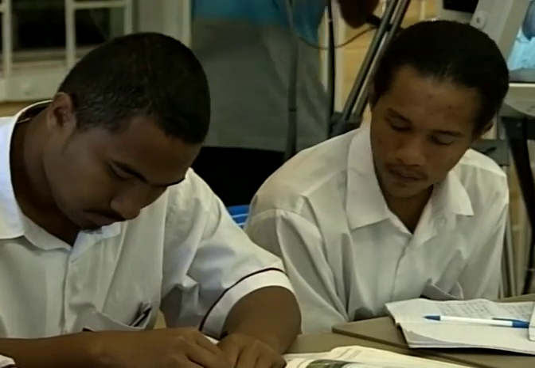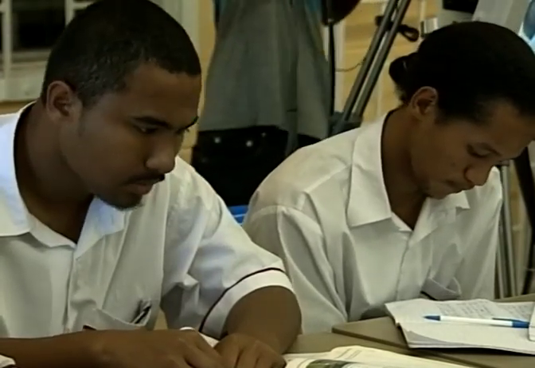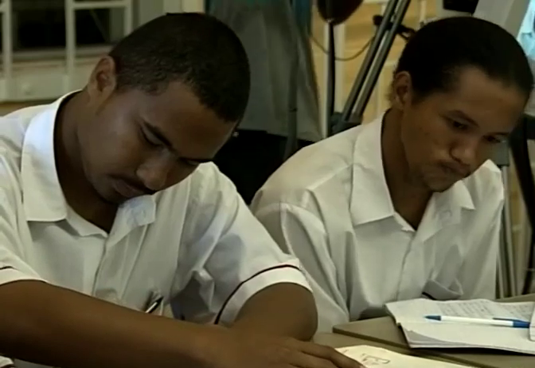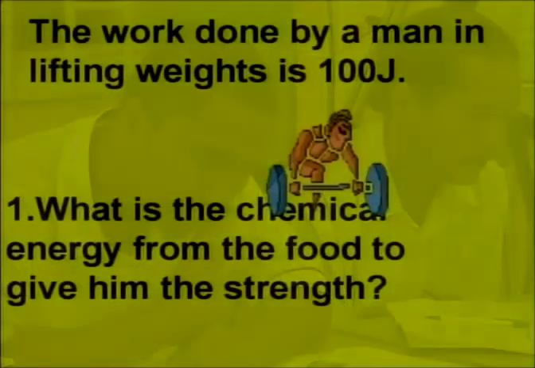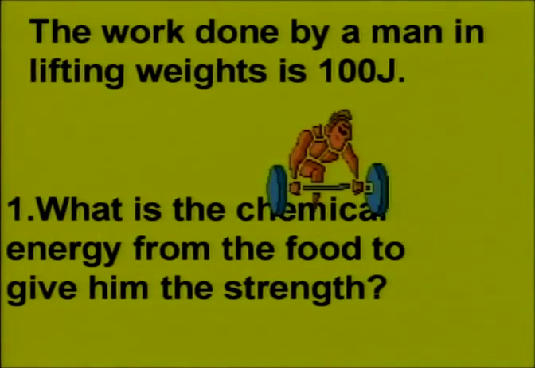All right, for question number 1. The work done by a man in lifting weights is 100 joules. What is the chemical energy from the food to give him the strength?